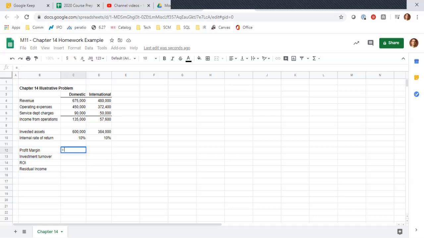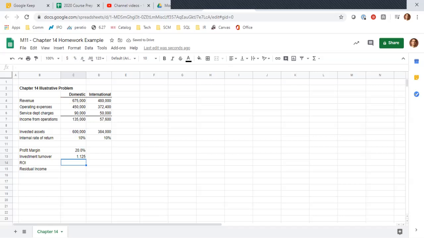Okay, so our profit margin is just going to be our income from operations divided by our sales. Okay, so our profit margin is 20%, and our investment turnover is going to be our sales divided by our invested assets.